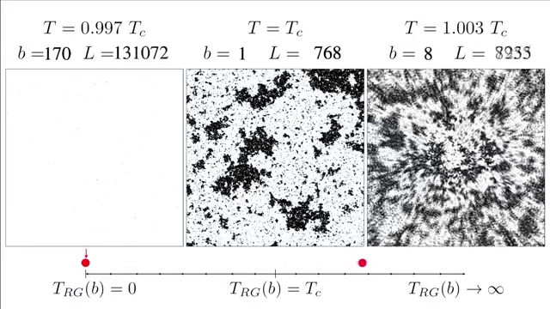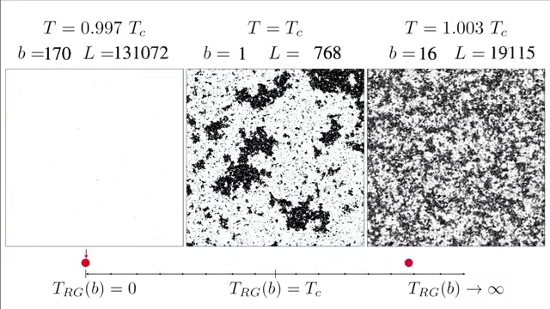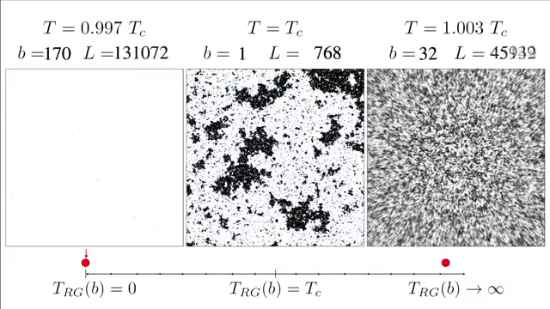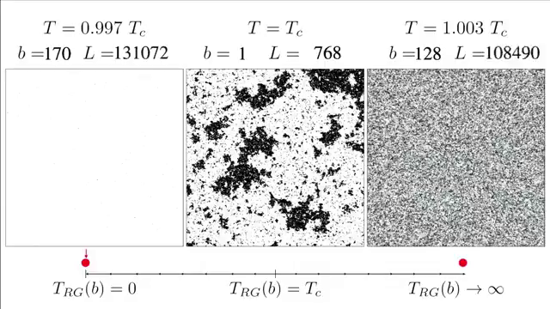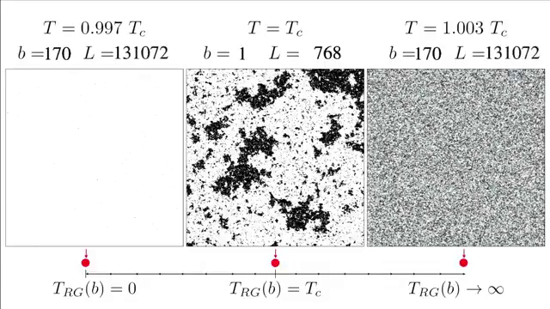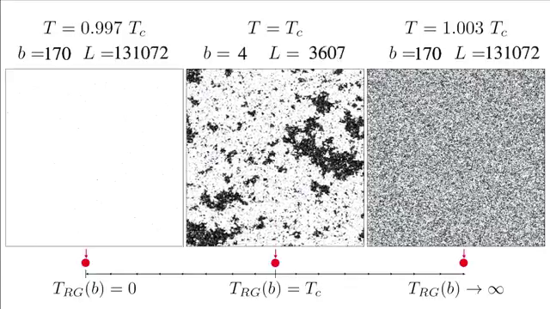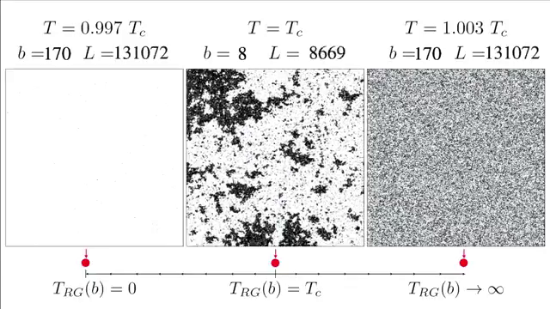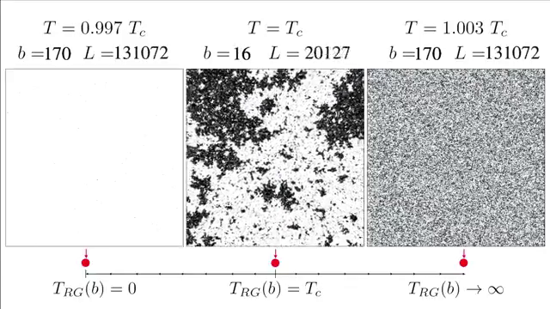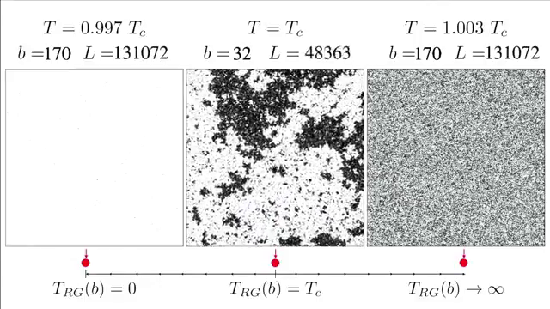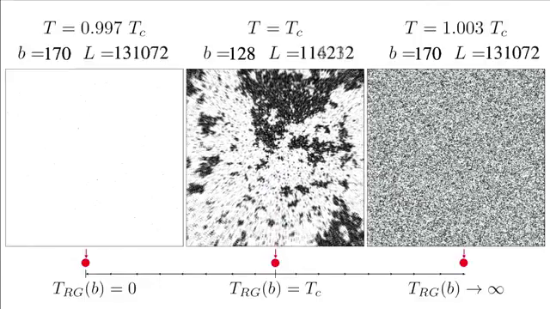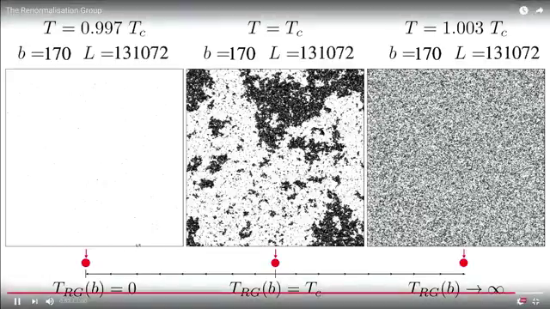And in this case, you're slightly above, so it's equivalent at some very large length scale to the infinite temperature case. So this is precisely at the critical point. It just doesn't matter how far you zoom out there.